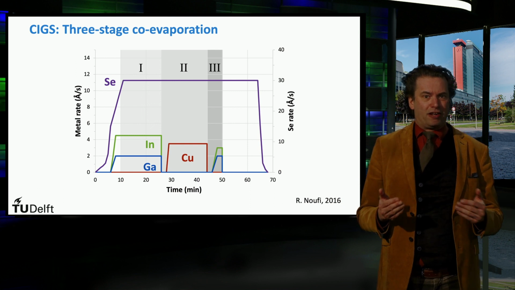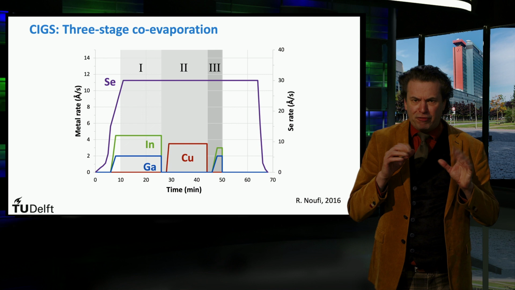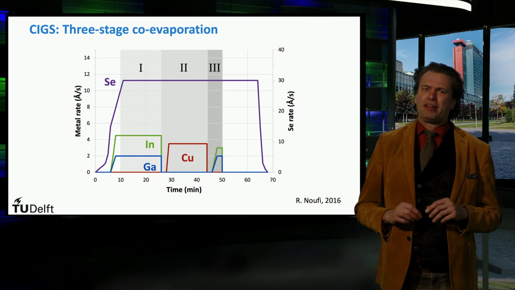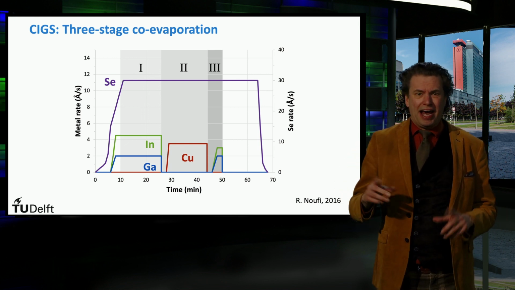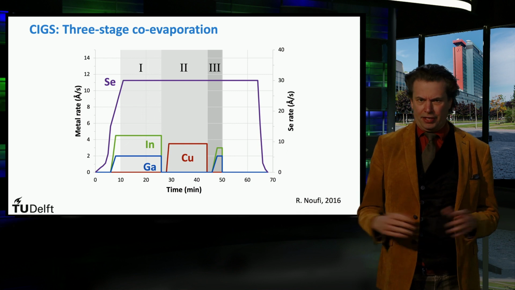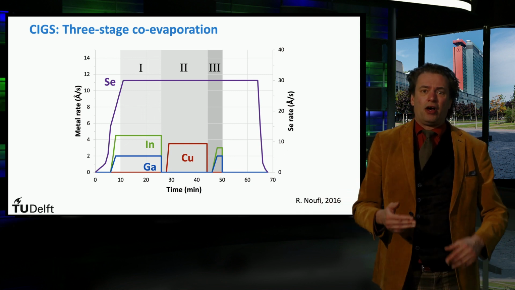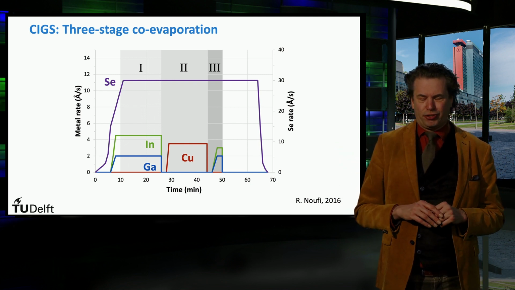This leaves a relatively copper-poor film on top of the stack, which is favorable for the CIGS crystal formation and improves the interface quality with the buffer layer that is deposited on top, as we will see in a minute. In this way, a polycrystalline film is obtained, which means a layer with crystals of various sizes in various orientations.